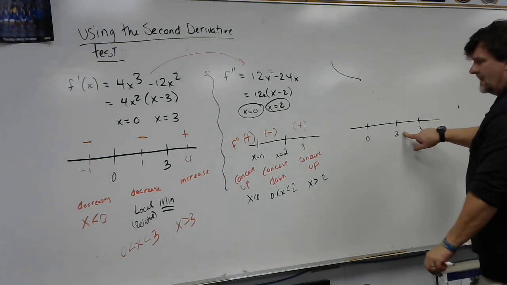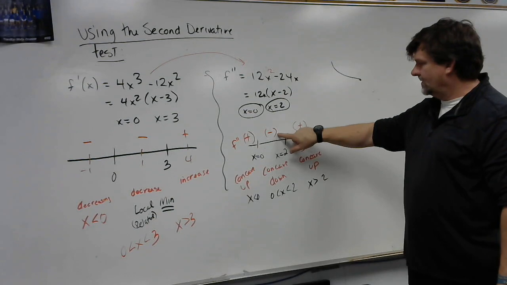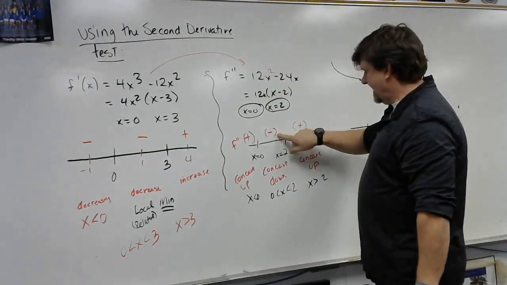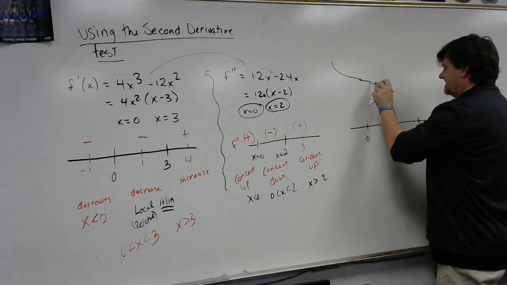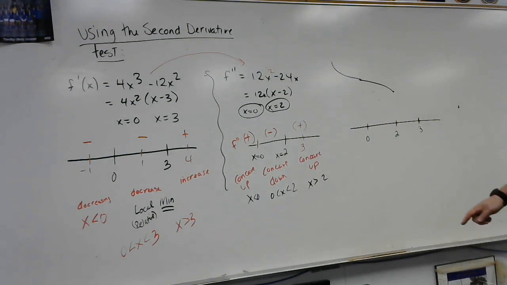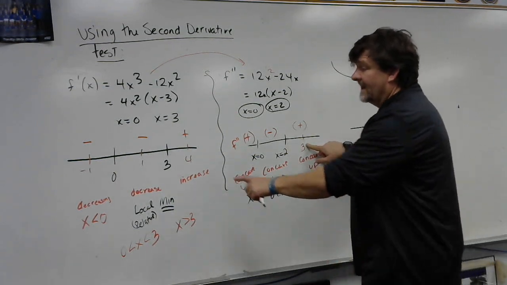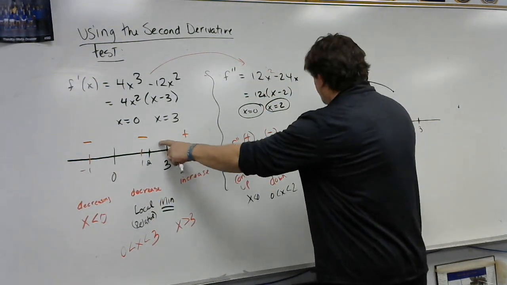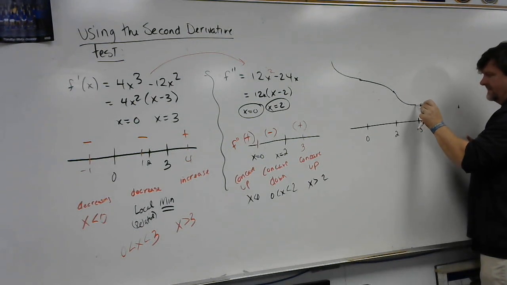And then from 0 to 2, it's decreasing because it's in this interval, and it's concave down. So let's just put a point here. It's like this. There we go. And then from 2 to 3, it's concave up, but it's decreasing because 2 is right here, right? So it's still decreasing, but it's concave up.